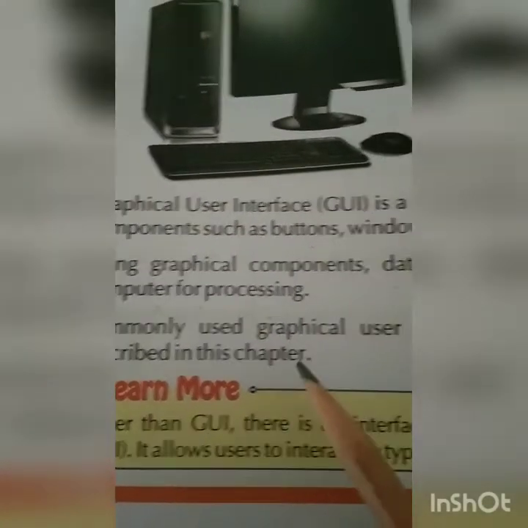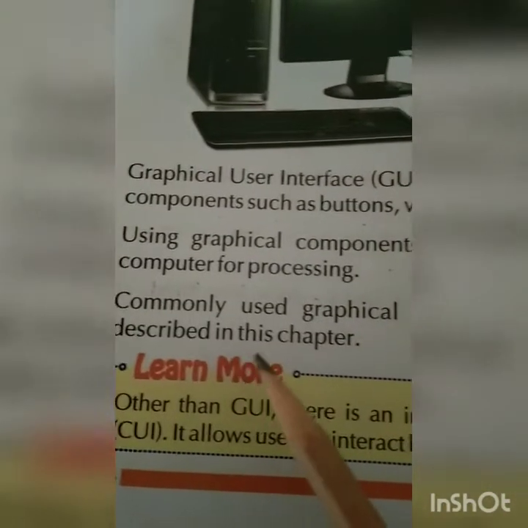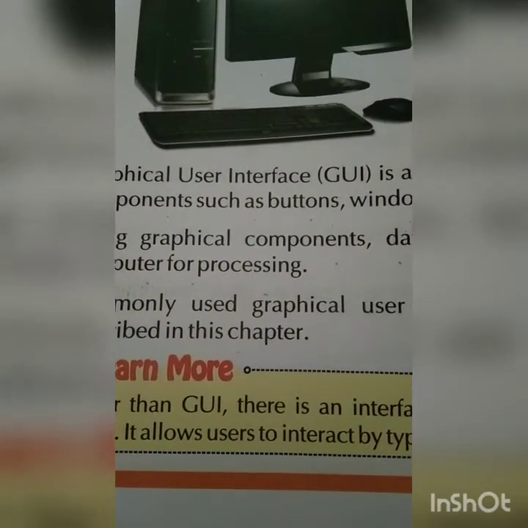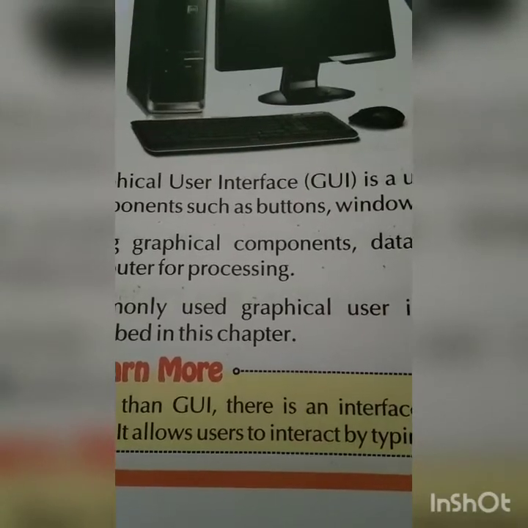The next thing is that commonly used graphical user interface components of Windows are described in this chapter. So we will learn more deeply about this GUI, the graphical user interface.